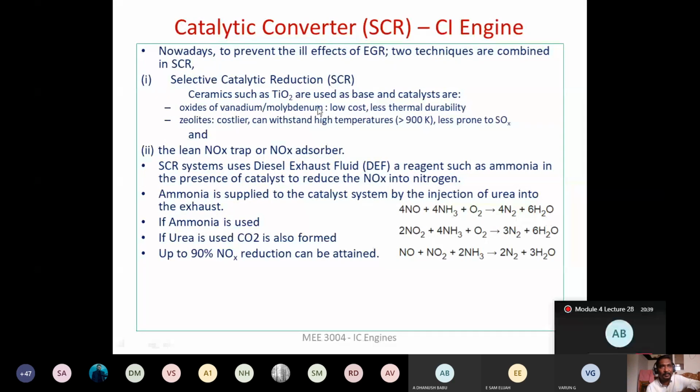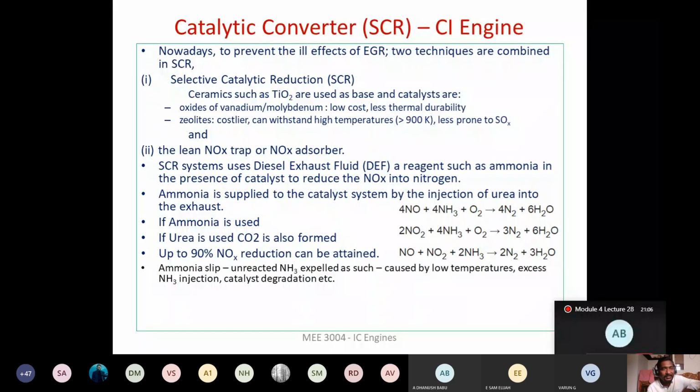Your engine is operating as in the normal case, allowing only air and injecting the fuel. We are not allowing the exhaust gas entry into the combustion chamber, right? So we are following the after treatment process. That means in the exhaust gas, we are injecting ammonia and urea, and thereby we are bringing down the NOx level.